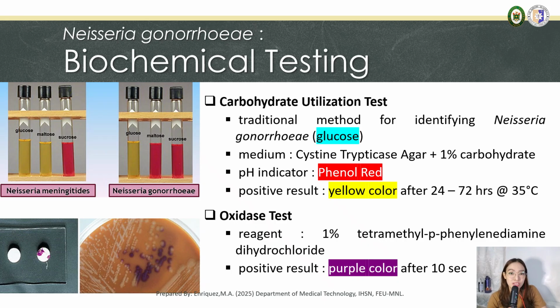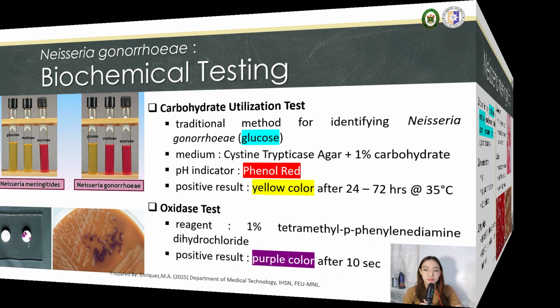A positive result is indicated by a purple color that develops within 10 seconds. Alternatively, the oxidase reagent may simply be dropped directly onto a colony, and in a positive reaction, the colony turns deep purple, as we can see right here in these examples. So that was for the oxidase test.